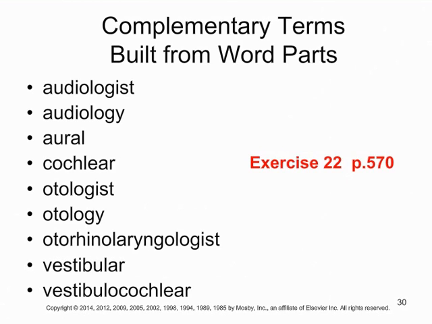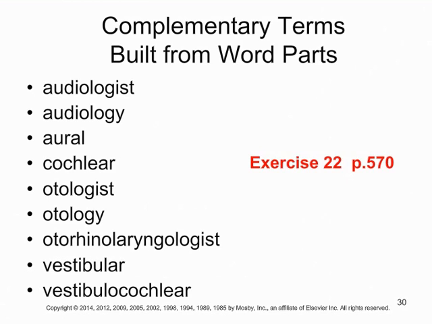otorhinolaryngologist. And if you broke it down into its parts, we have oto, which is ear, rhino, which is nose, laryngo, which is your throat. So this is the specialist who deals with those three areas. So that's typically the ear, nose, and throat doctor is what they are called.